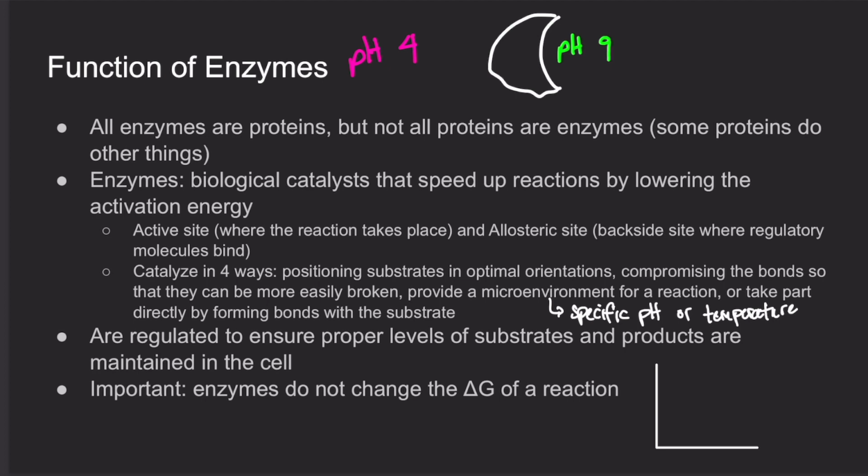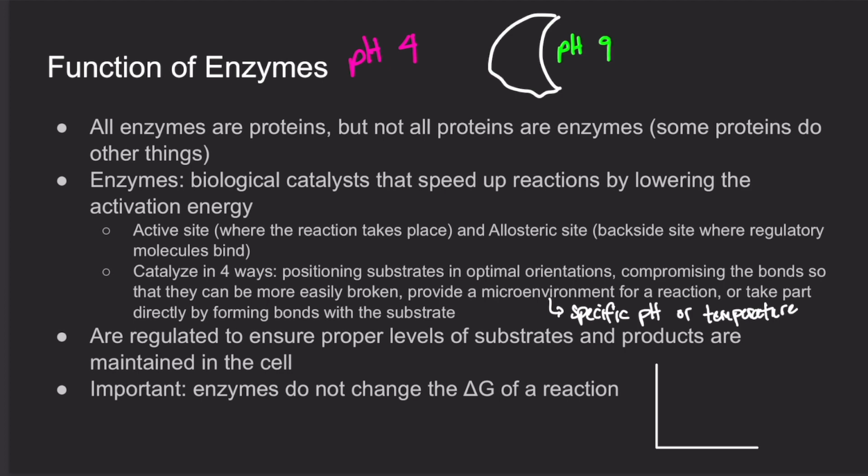Maybe this reaction really needs a pH of 9 in order to go, and we'll talk about why that is in a future video when we start talking about pH versus pKa. But anyway, it can provide a microenvironment, a specific pH or specific temperature, so that the reaction can occur in optimal conditions, but perhaps not conditions that the rest of the cell would like.